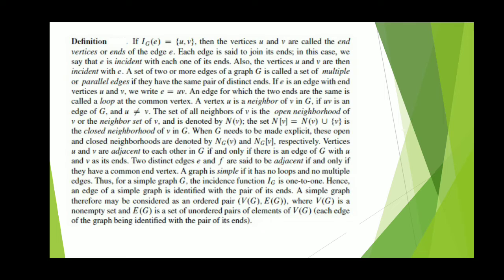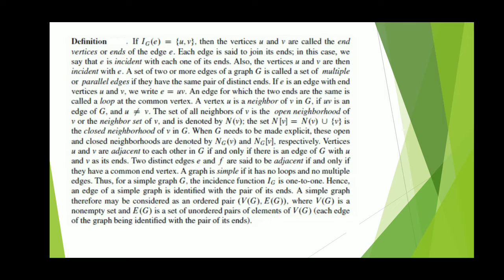U is a neighbor of V. The set of all neighbors of V is the open neighborhood of V, or the neighbor set of V, and it is denoted by N(V). So just by collecting all the neighbors of the vertex V, we give the notation N(V).